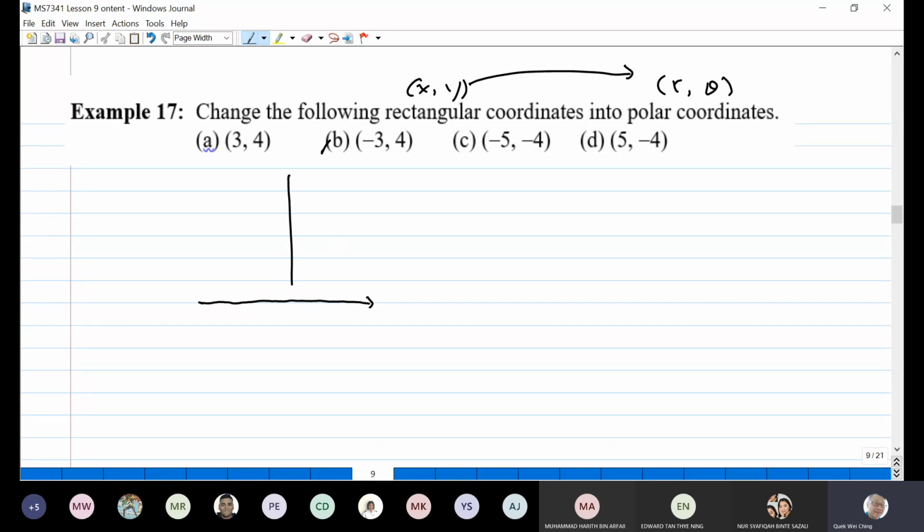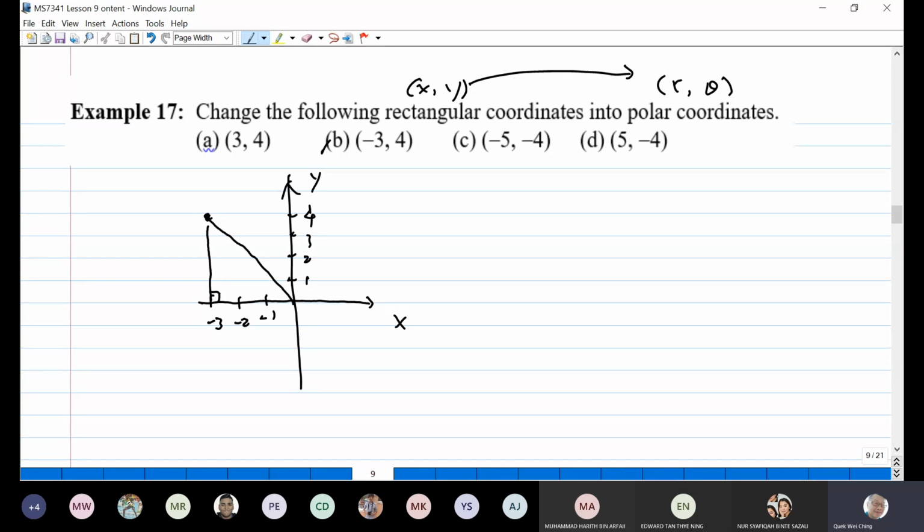So x and y, minus 3, 4. So see minus 1, minus 2, minus 3. Okay, 4 right? 1, 2, 3, 4. So minus 3, 4 is somewhere here. You got a point, minus 3, 4. So you can join to the origin. So you get a triangle now.